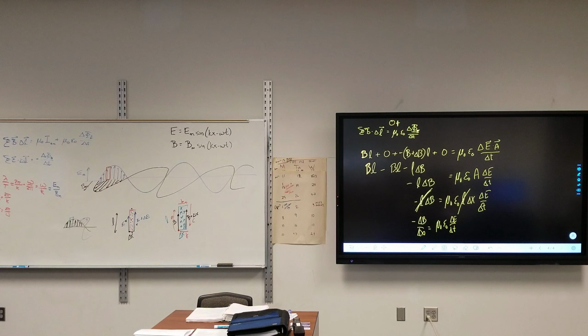So negative delta B over delta x is equal to mu sub naught, epsilon sub naught, delta E over delta t. All right, so what is the slope of the magnetic field with respect to position?